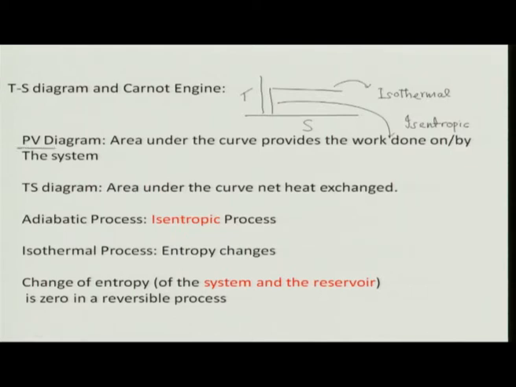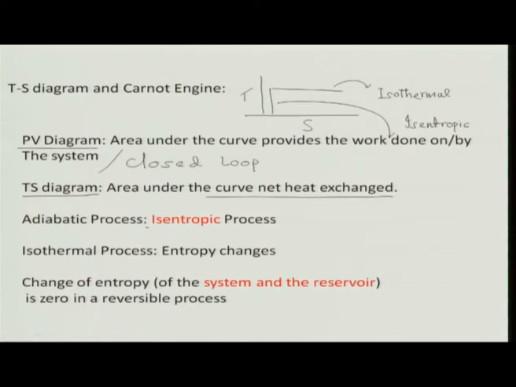In the PV diagram, the area under the curve provides the work done on or by the system, that we have learned. The T-S diagram, on the other hand, as you will see in a closed loop, will provide you the net heat exchange. This you can easily argue, which I will not show the argument.